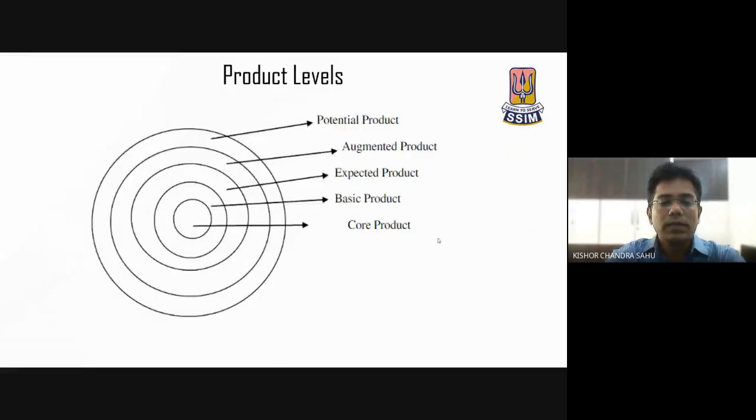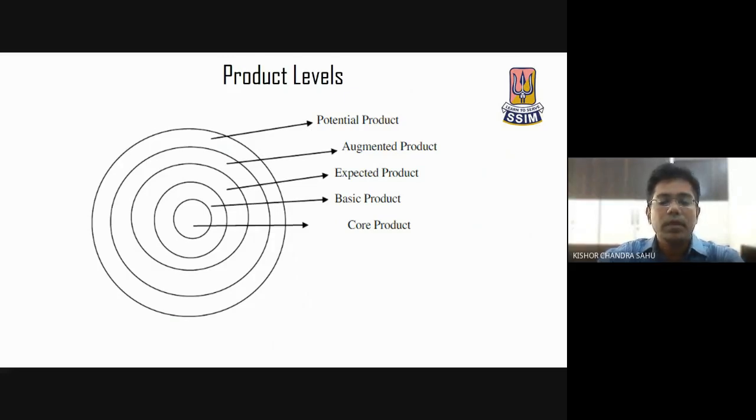So let's conceptualize product as different benefit levels. At the core, the core product is about what exactly we are providing as the benefits.